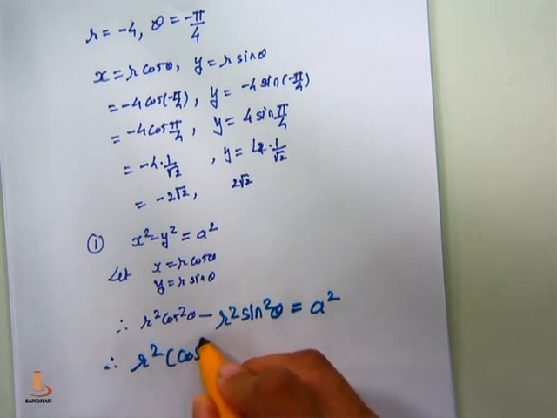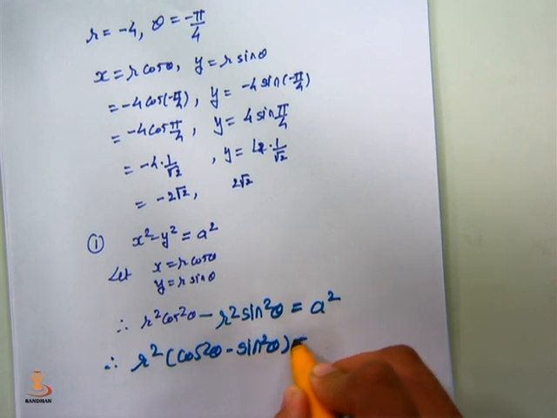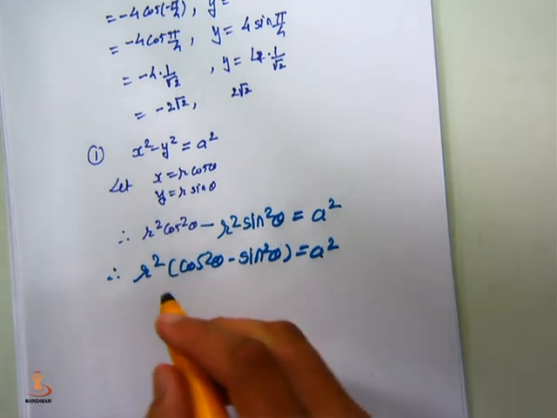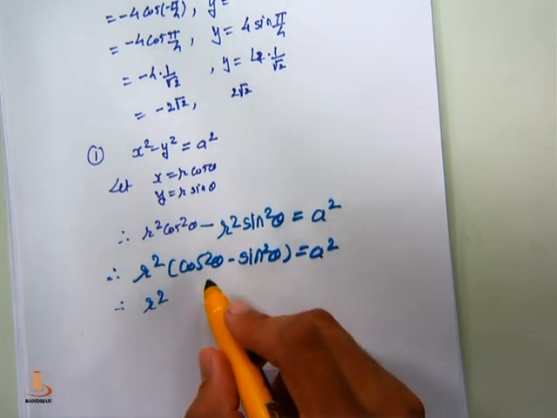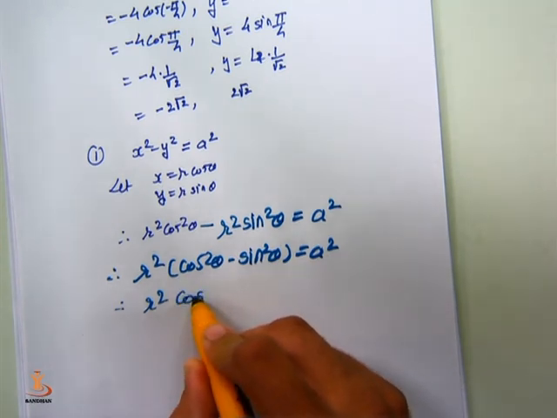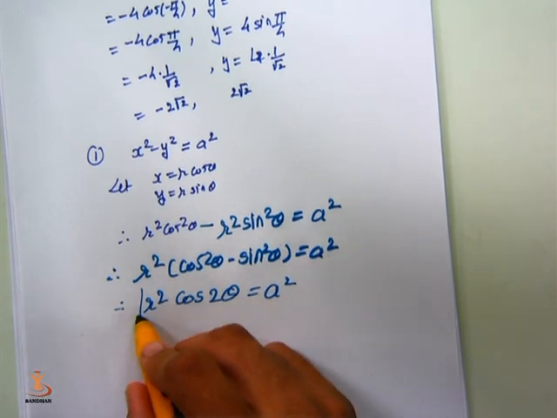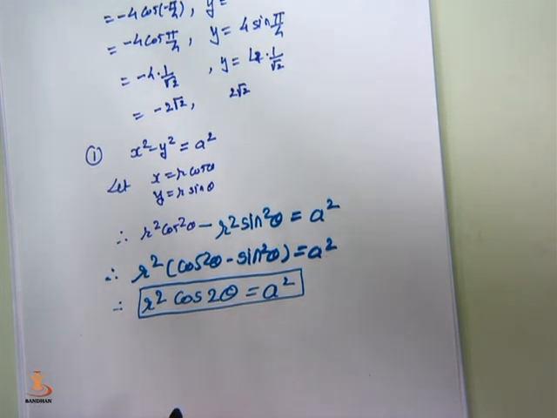We'll have r square times cos square theta minus sin square theta equals a square, and again with the trigonometric identity, cos square theta minus sin square theta is cos 2 theta, so r square cos 2 theta equals a square. This equation which is obtained in the box is our required equation.